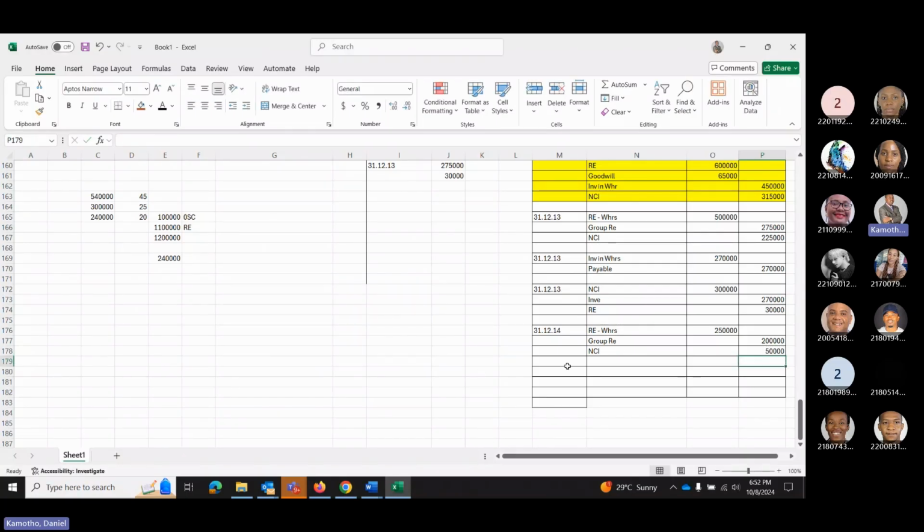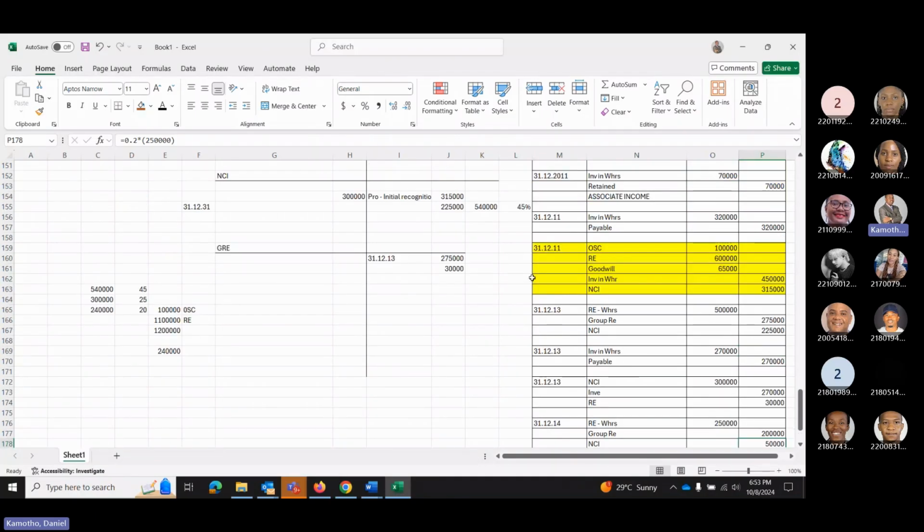So we are saying if we share this group profit for 2014 between the NCI and the group, we are basically saying the group is going to receive 200,000 and the NCI will receive 50,000, being 80% and 20%, because that is the interest. And therefore, we could come here to the group and we put the 200,000, which is what they earn.